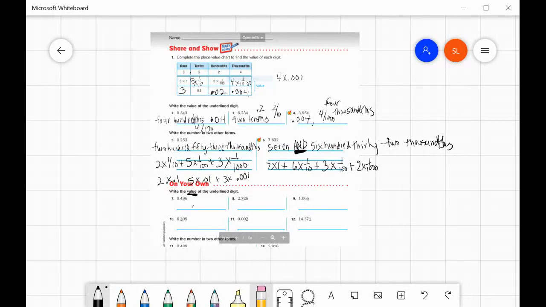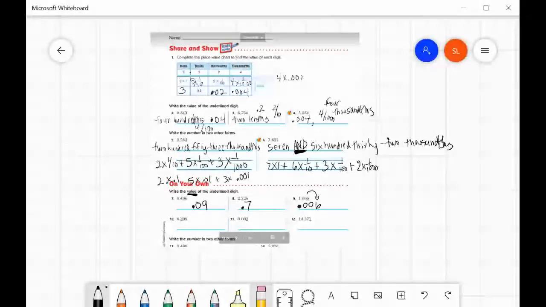So it is worth 0.09. If we look at the 7, it's in the tenths. So it is worth 7 tenths. If we look at the 6, it's in the thousandths. So we're going to put a decimal point, 2 zeros and a 6 because it's in that third spot, which is the thousandths. So 6 thousandths.